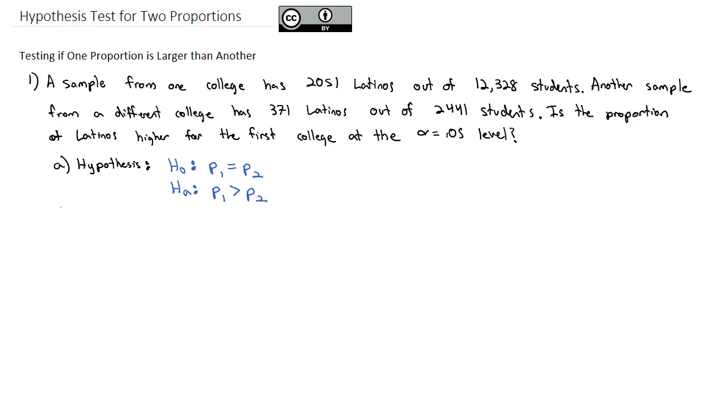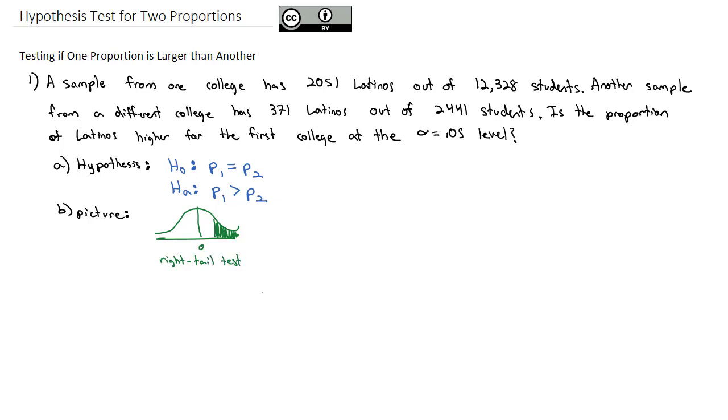So that leads us to our picture then of what's going on. That we assume there's no difference between them, but because we're trying to show greater, that's going to stick us in the right tail. This is a right tail test.